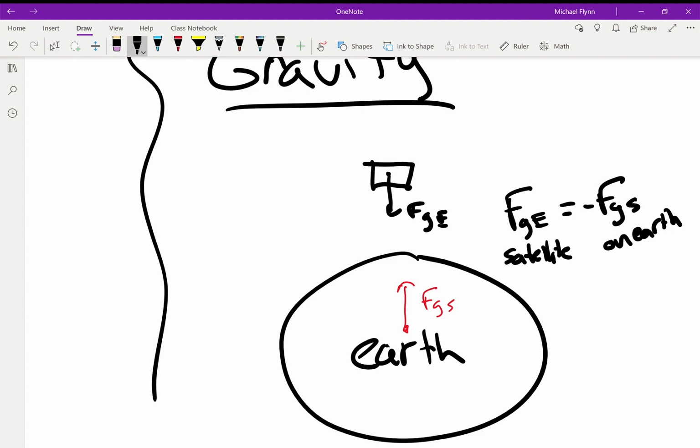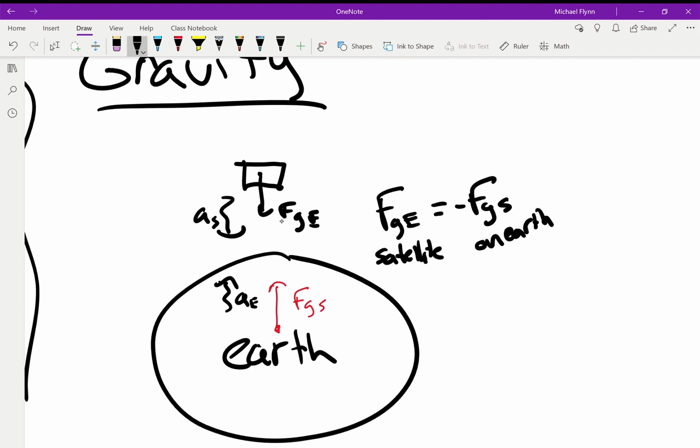So even though these forces are the same, we know that the acceleration of the satellite and the acceleration of the Earth would not be the same number. And why wouldn't they be the same? Well, because of Newton's second law.